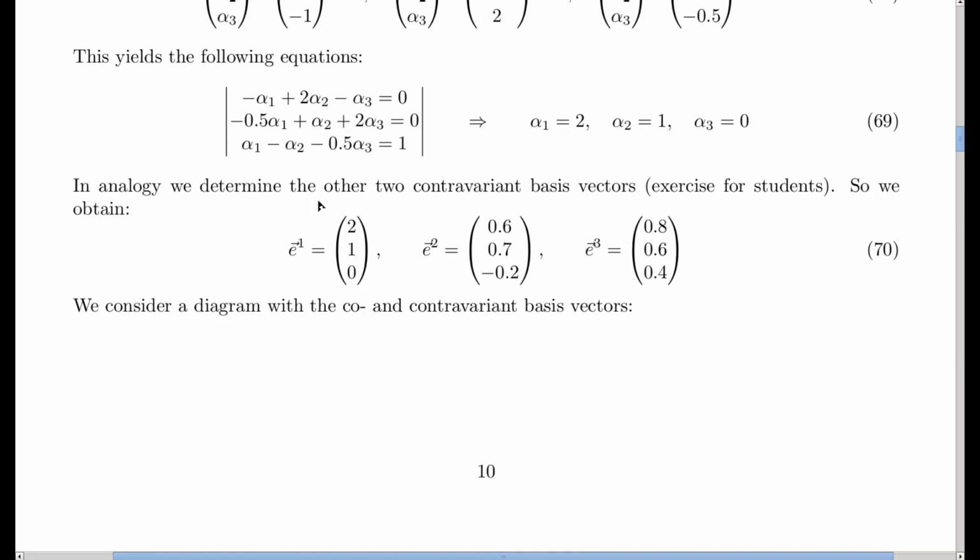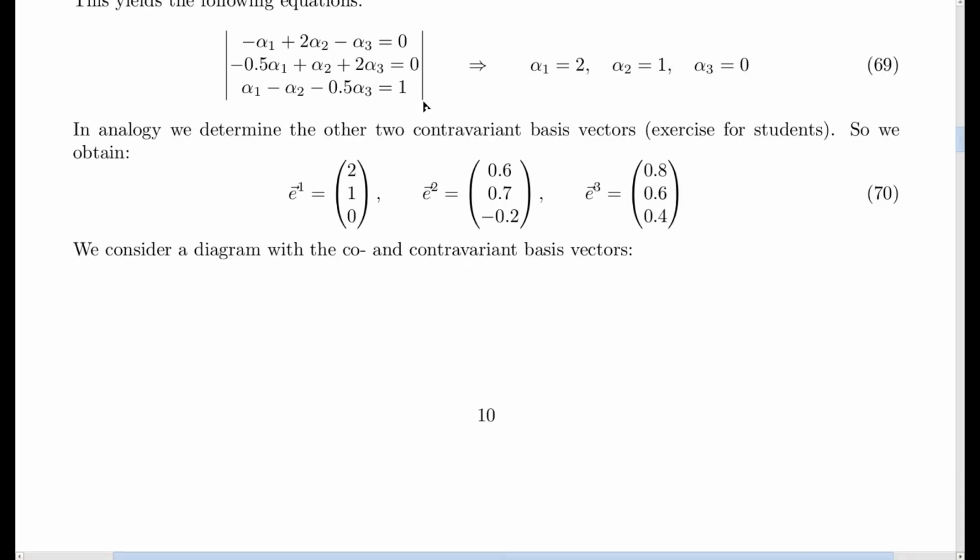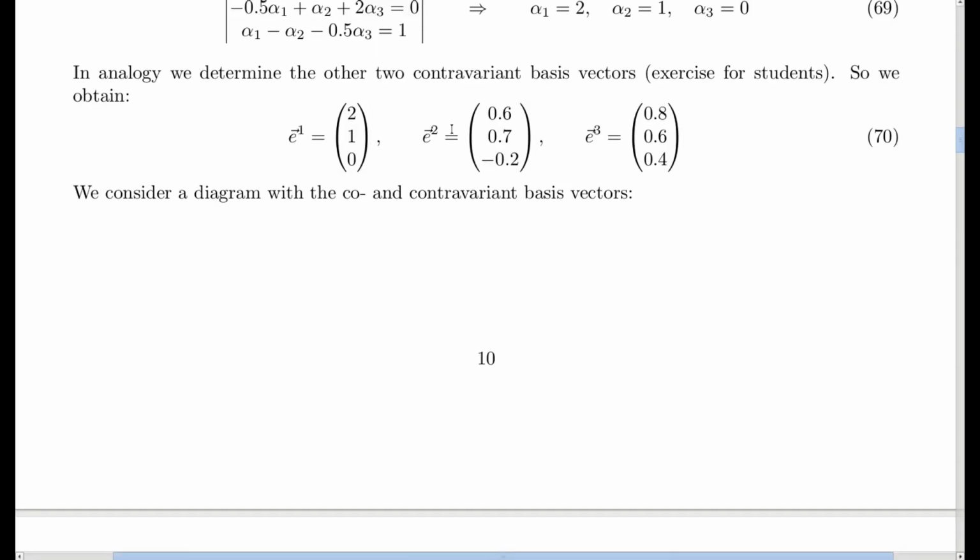In analogy, we can calculate the components of the other 2 contravariant basis vectors. So that means we get the following result: E2 contravariant has the components 0.6, 0.7, minus 0.2, and the third contravariant basis vector has the components 0.8, 0.6, and 0.4.